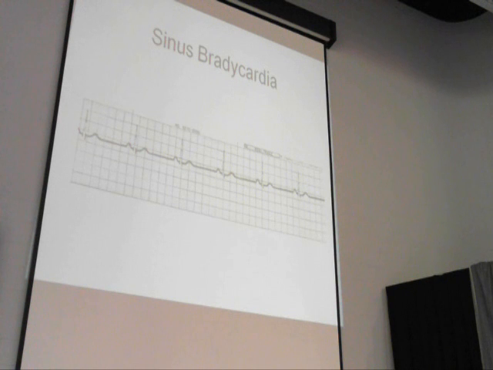Bradycardia, it's just too slow. The rhythm is regular. There's 1 P for the QRS. It's all the parameters of the definition for normal sinus rhythm except for the rate. It's too slow. Do we treat sinus bradycardia in everybody?